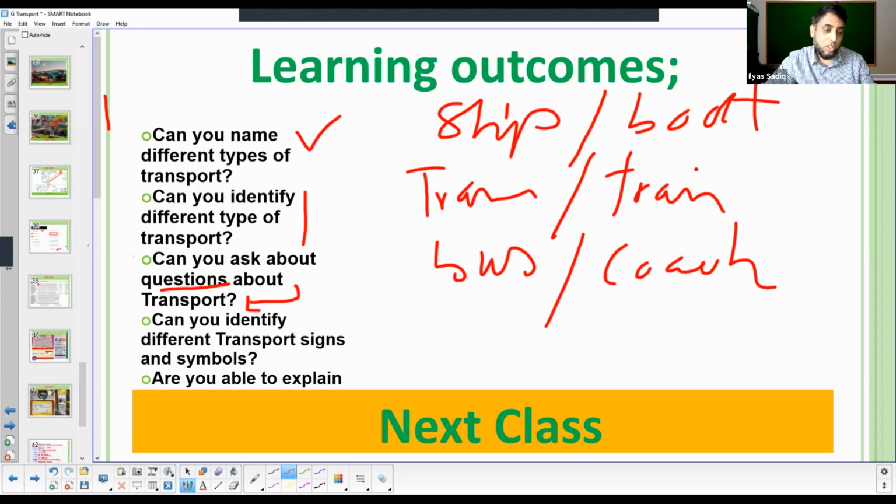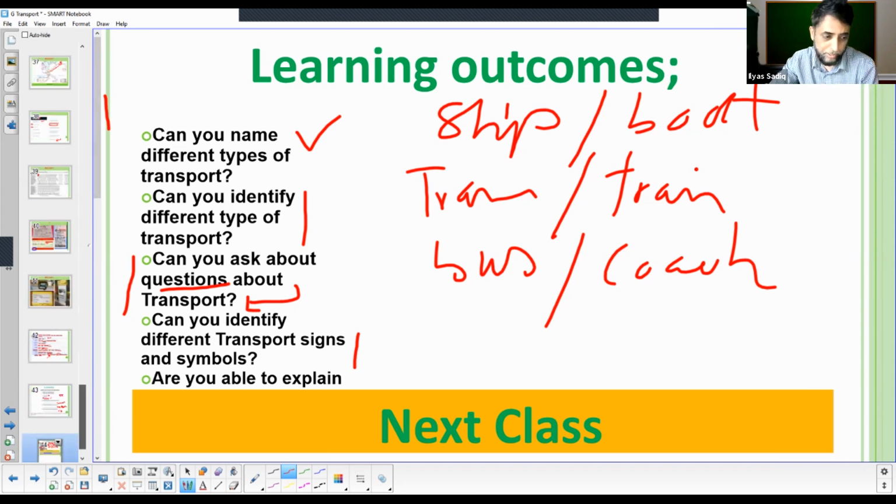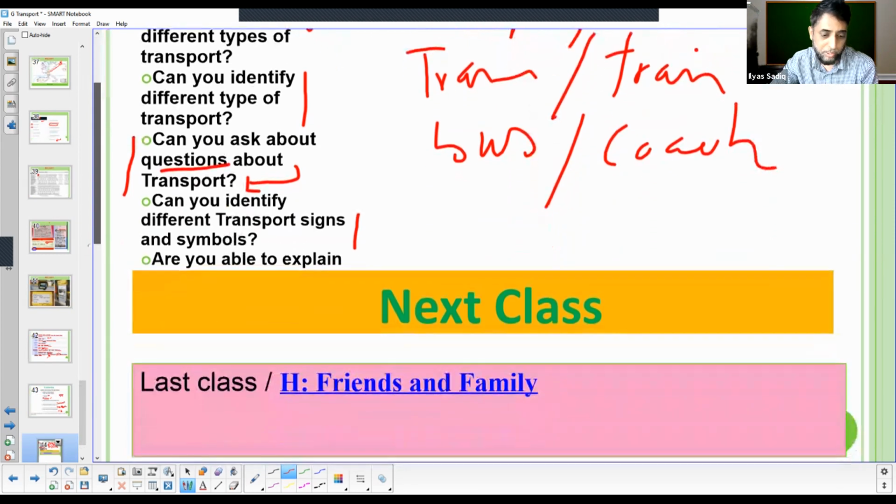Can you identify different transport signs? Yes, the toilet, petrol, bus stop, bus station, railway station, and so on. You are able to ask about and explain the signs of transportation.